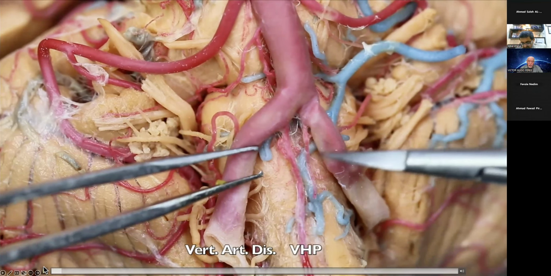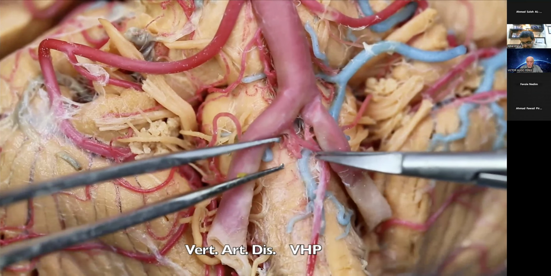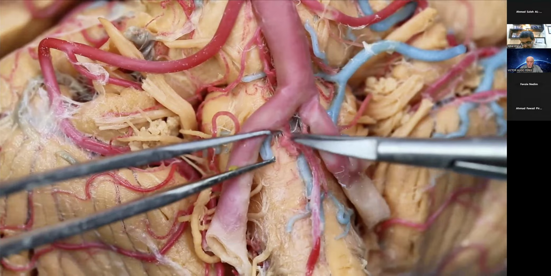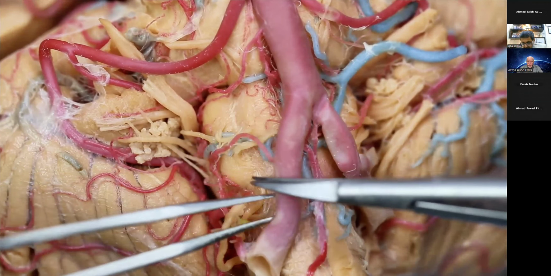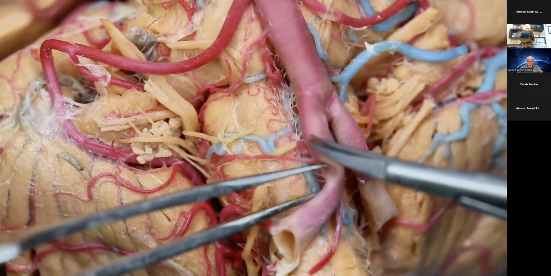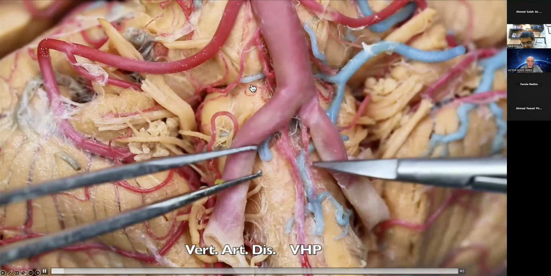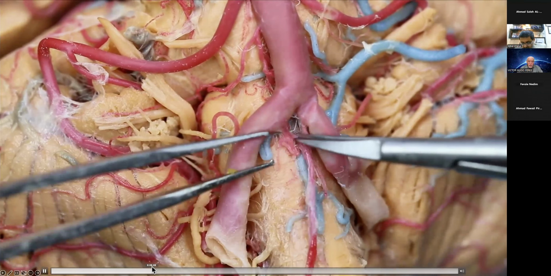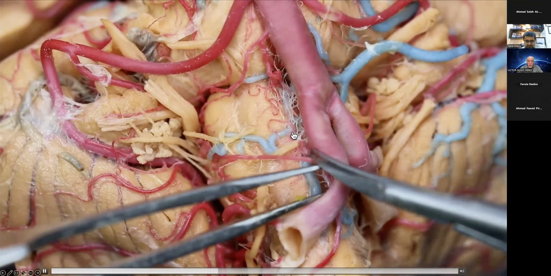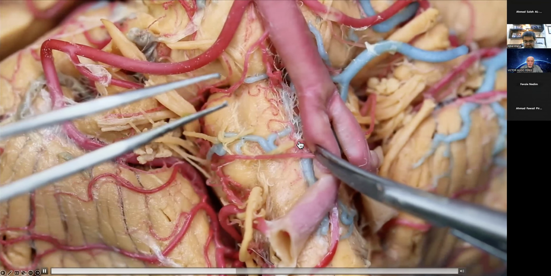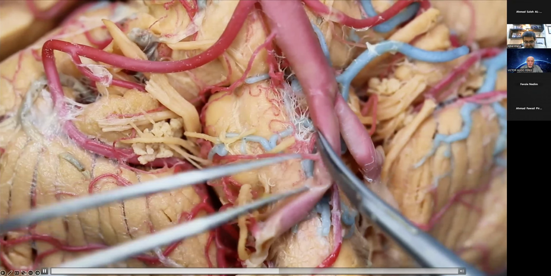I'm going to repeat. The anterior spinal arteries. Look, for example, this small artery. This small artery. I'm going to put this arachnoid.